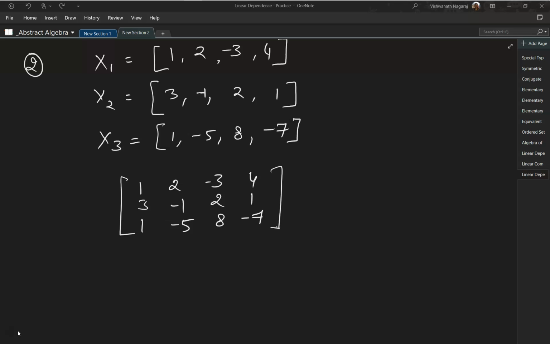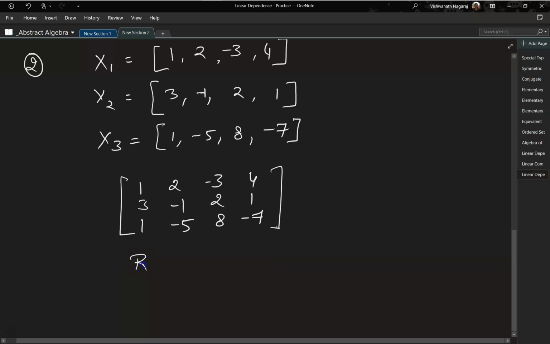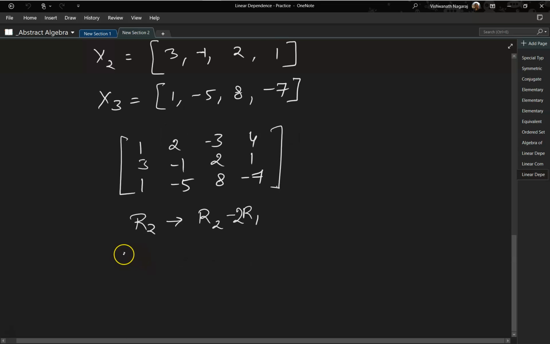Let's reduce it. Now to reduce it, if we can get two of these rows equal to each other, that would be great. So let's replace R2 by R2 minus 2R1. So now what happens? 1, 2, minus 3, 4.